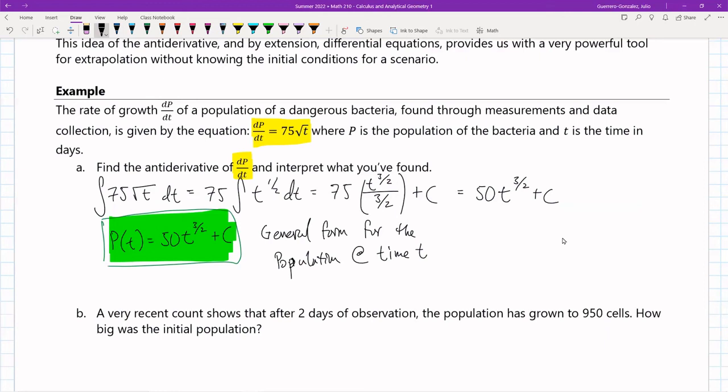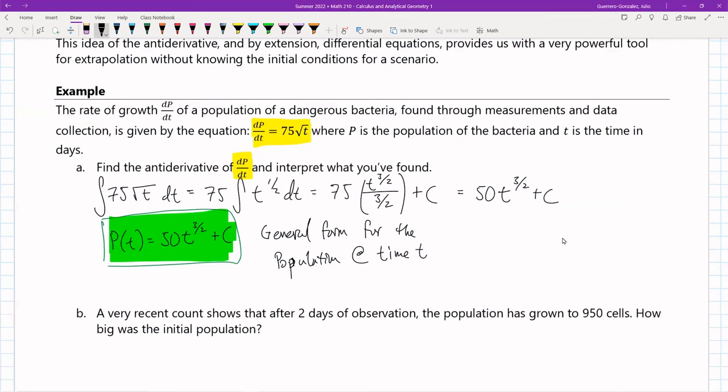So if I wanted to find the population of this dangerous bacteria, all I've got to do is plug in a t. But there's still a problem here in the sense that we still have a plus c at the end. That plus c has not been determined, so we still have a floating variable that we have no idea for yet.